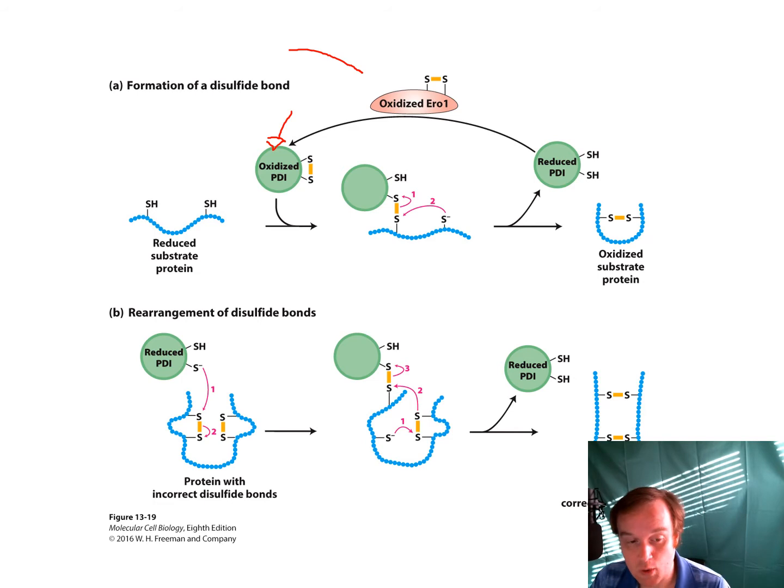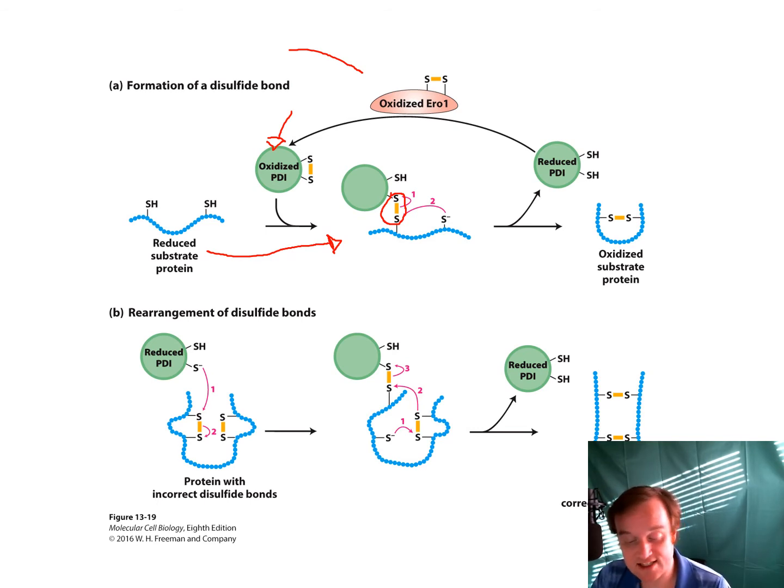And so what happens is this oxidized PDI will interact with this reduced substrate protein after it's been translated, and it will form this disulfide with one of the two cysteines.